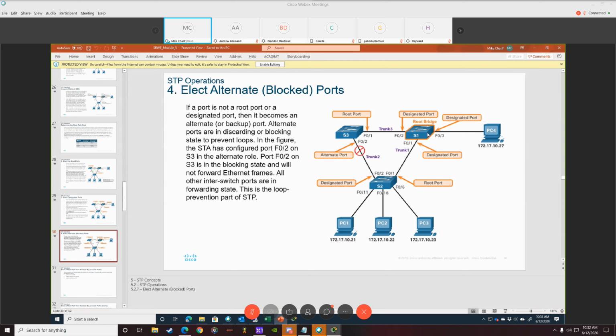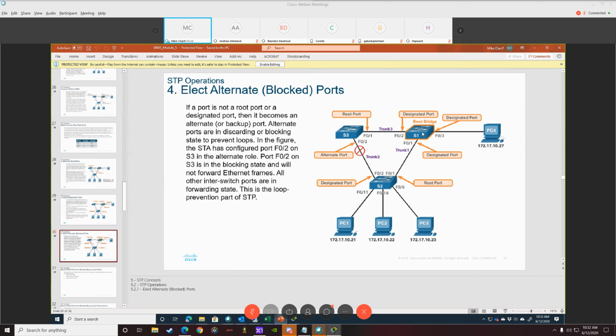By default, all the switches have a 32768 priority value, so at this time they all tie on priority. The only thing that can break the tie at this point is the MAC address of the switch.